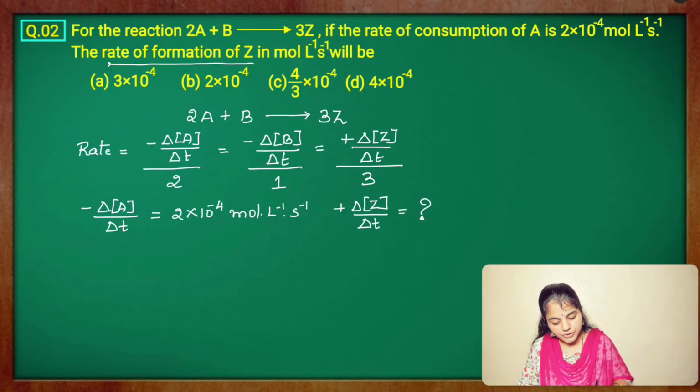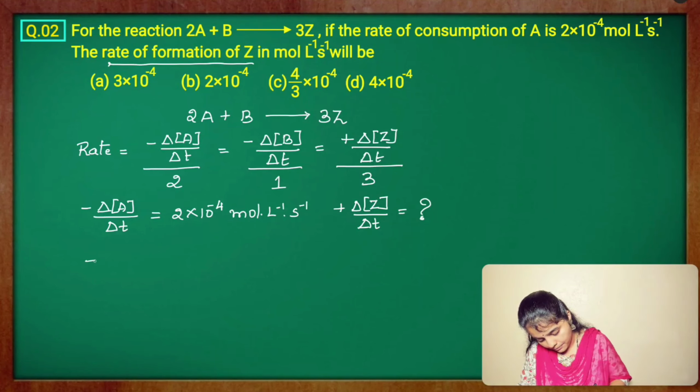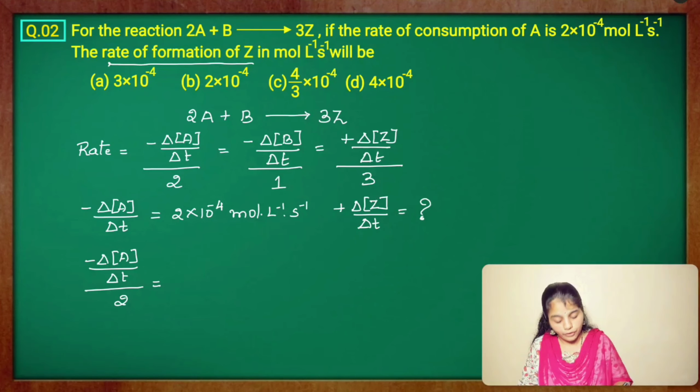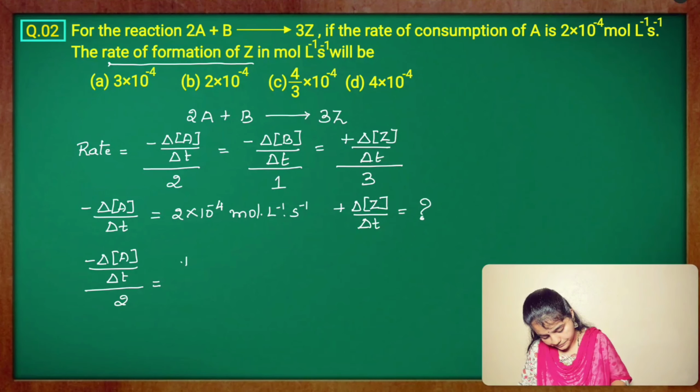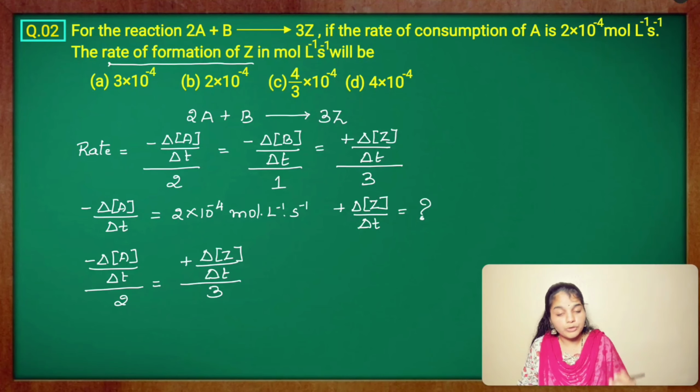From the rate expression, we can write minus delta concentration of A divided by delta T divided by 2 is equal to plus delta concentration of Z divided by delta T divided by 3.